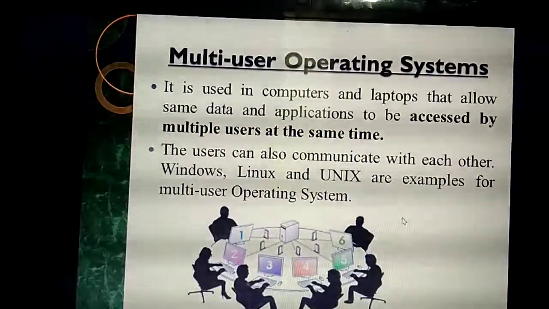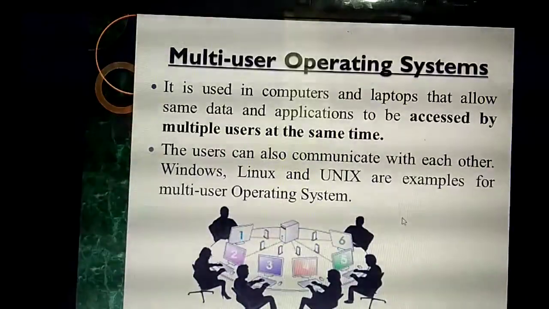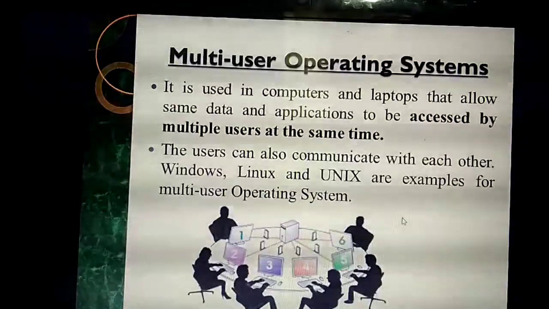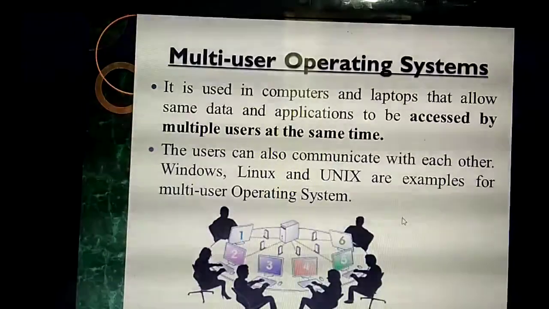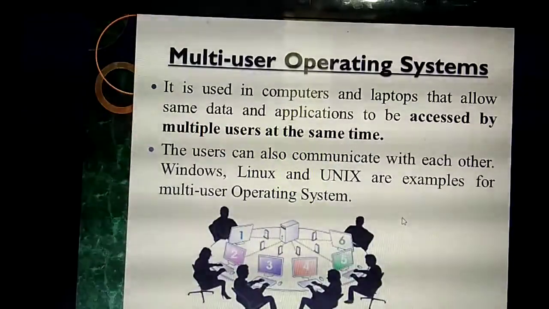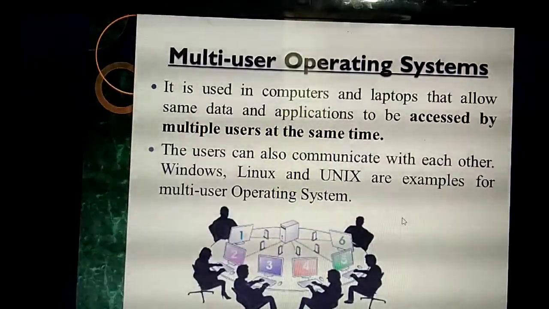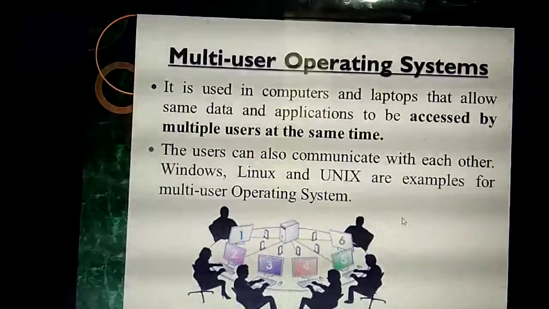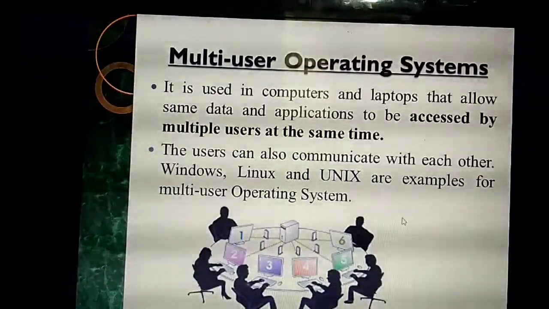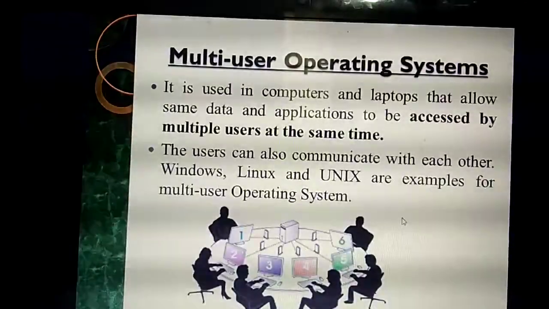From that system, we have connected all the systems in our block: ground floor, first floor, second floor, all connected to the server system on the ground floor. If we don't switch on that system, you can't see the video files in your class. That's the best example for a multi-user operating system. Understand? Listen, the same example you took.